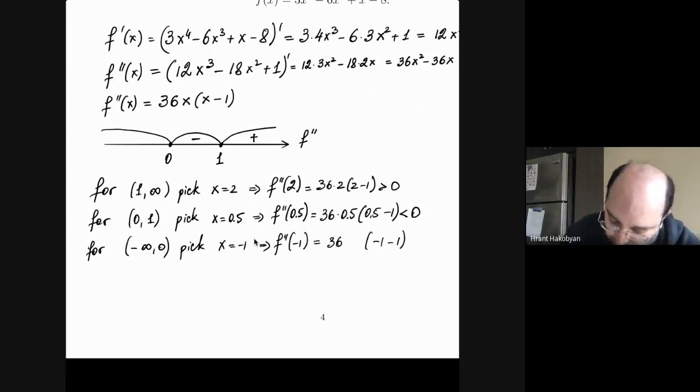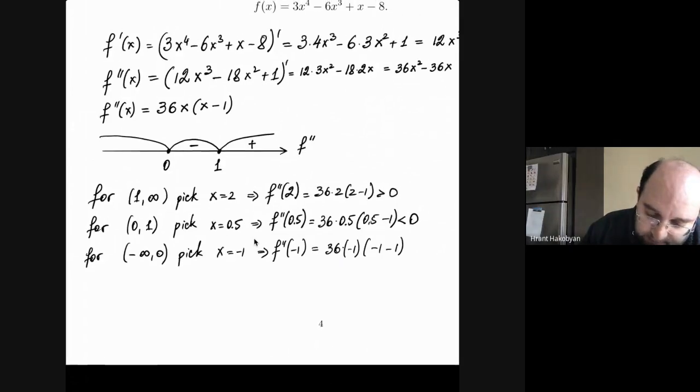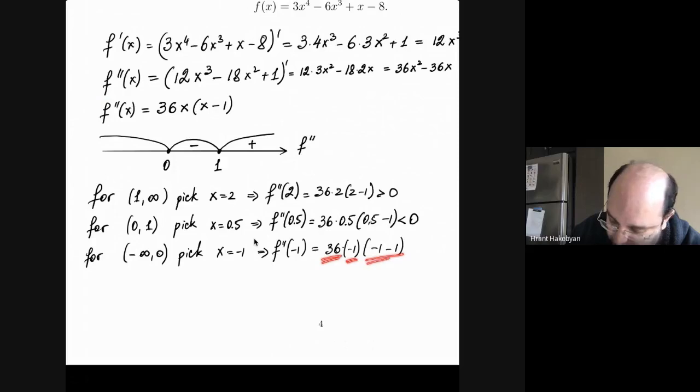My function is 36x times x minus 1, so 36 times negative 1 times negative 1 minus 1.